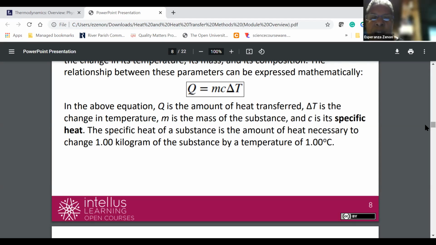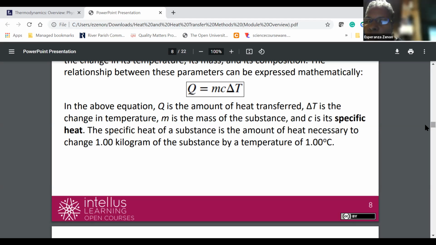So when you solve problems that deal with heat transfer based on temperature difference, you use the formula that you see in the box. And I have to give you a chart or information on the value for C, because it depends on what material you're using. The mass, M, is in kilograms, and the temperature difference, delta T, means you look at the starting temperature and the final temperature and you take the difference.